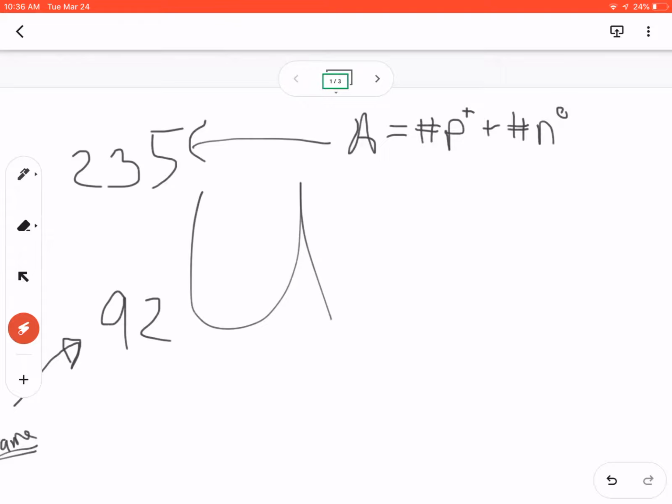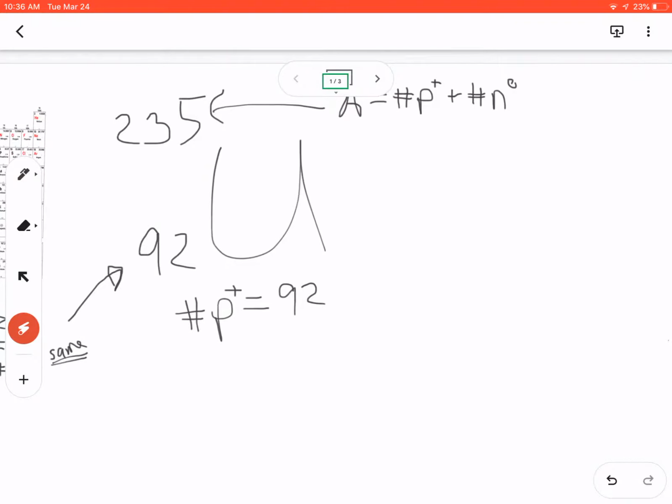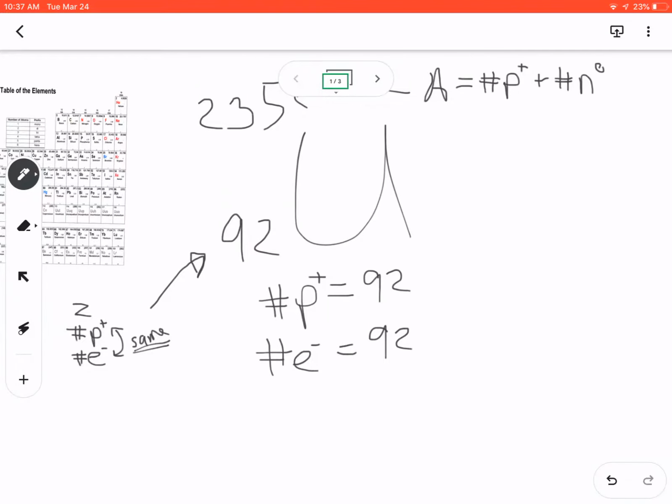Let's go ahead and calculate our particles. The number of protons, again important for the Bohr diagrams you're going to do in today's lesson, is 92, because that is the atomic number. The number of electrons is also 92, because as I wrote over here, they are the same. Finally, the number of neutrons.